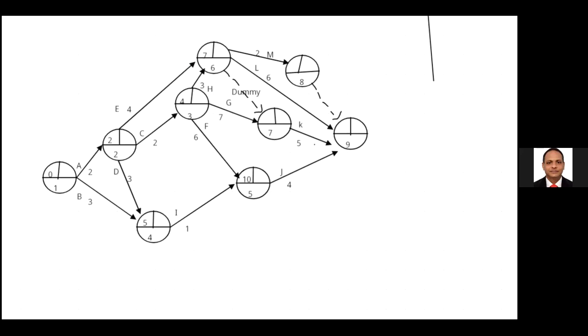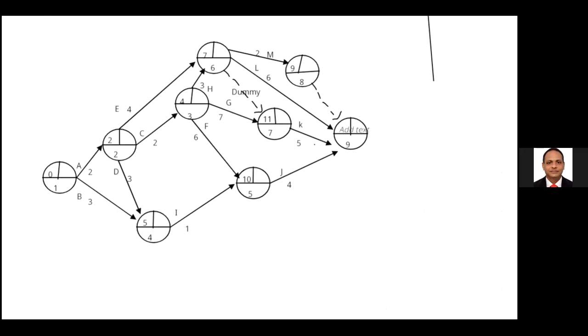Seventh event should be 11, the highest value. 11 plus 5, 16. 10 plus 4, 14. Via M, 7 plus 2 is 9. 9 plus 0, 9. The highest value is 11 plus 5, 16. 16 is the highest.